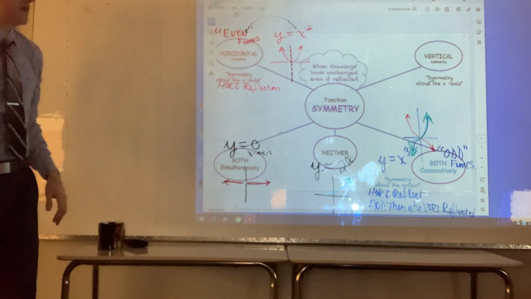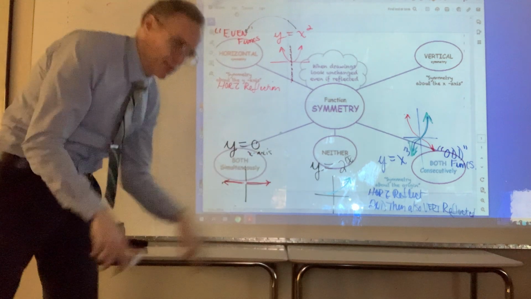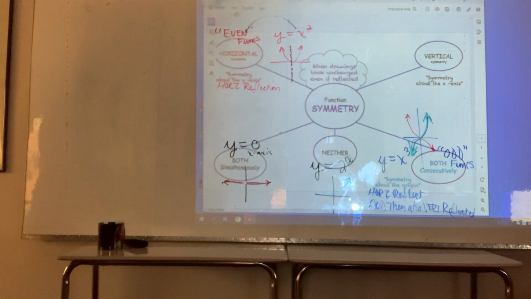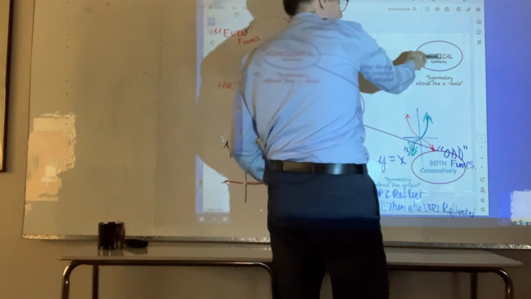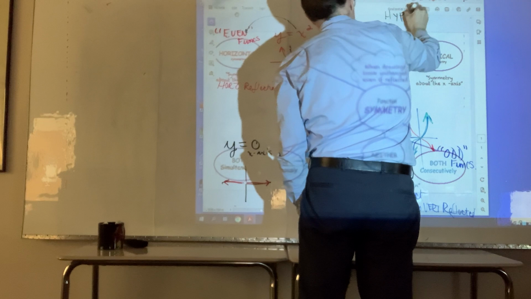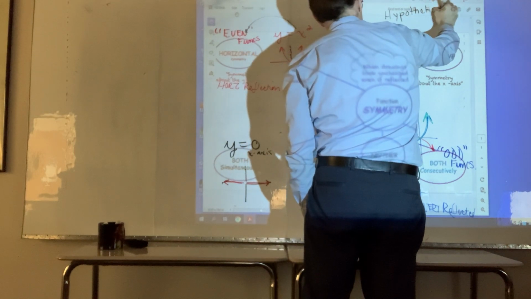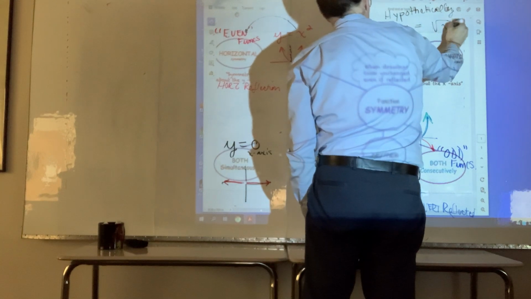There is technically another one, but you have to be careful because it's not really a function anymore, if you mess with it. To illustrate something that technically has vertical symmetry, it's this hypothetical situation of y equals the square root of x.